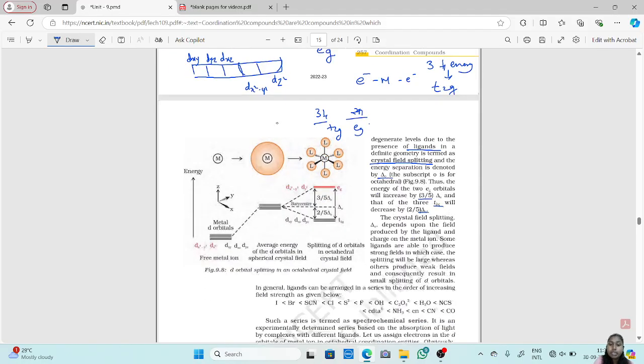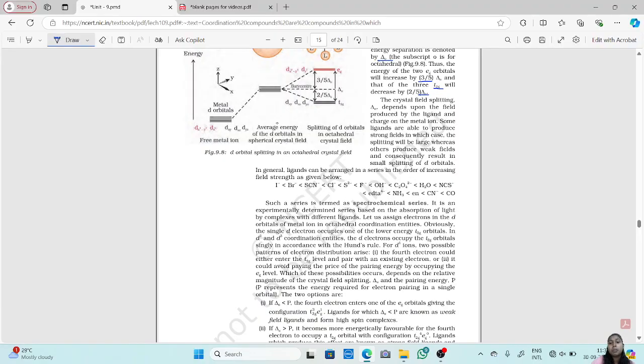Now the crystal field splitting of delta naught depends upon the field produced by the ligands and the charge on the metal ion.